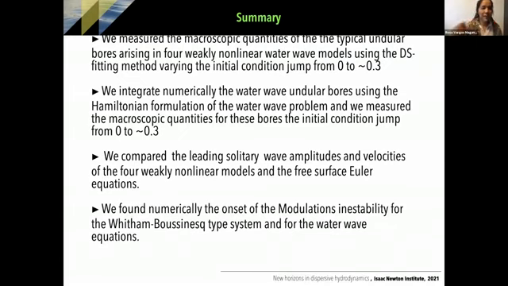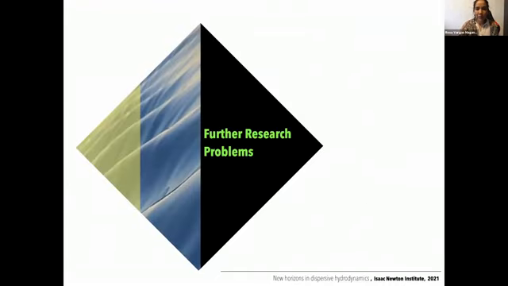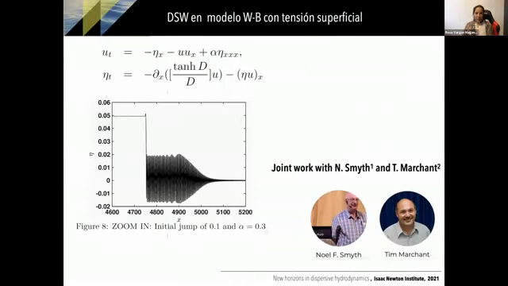So this is the summary of the presentation that I presented today. I just want to mention that I am working on this research project with Tim Marchant and Noel Smyth. We are now studying the Whitham-Boussinesq system, but with surface tension.